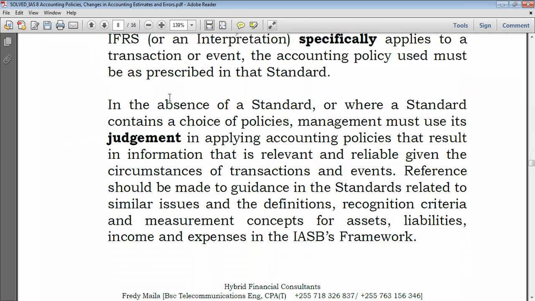But also we are saying that in the absence of a standard, if there is no such standard that I just spoke about, management should use judgment. So management should use judgment in determining the actual accounting policies, so as to deal with these transactions or events.